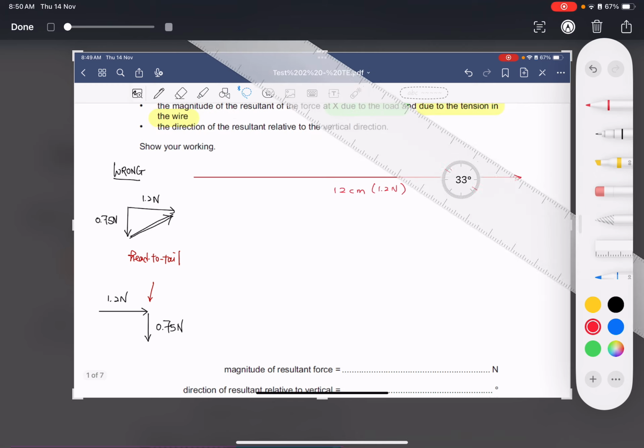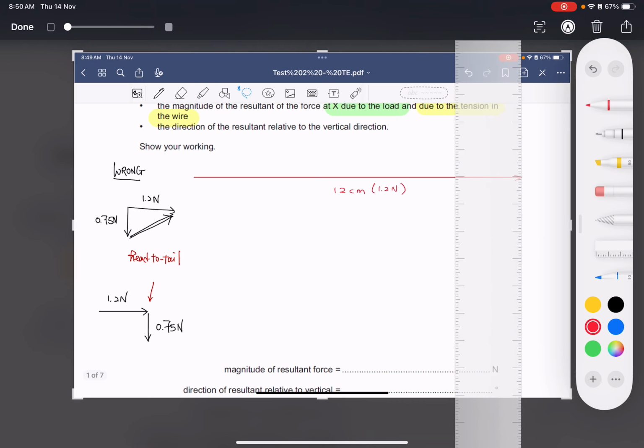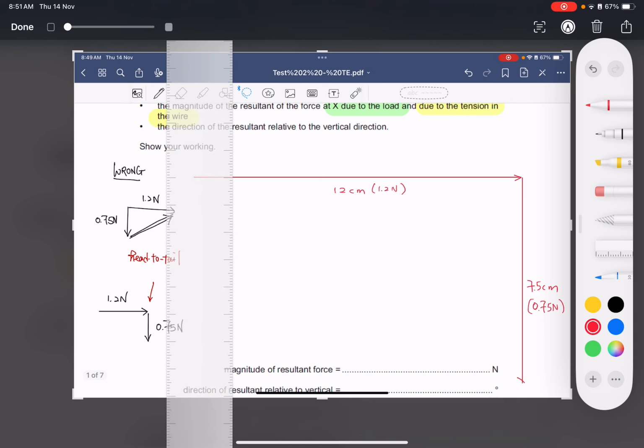Then I need to draw 0.75, so I need to draw 7.5 cm, which refers to 0.75 Newton. Okay, now this is the other vector.